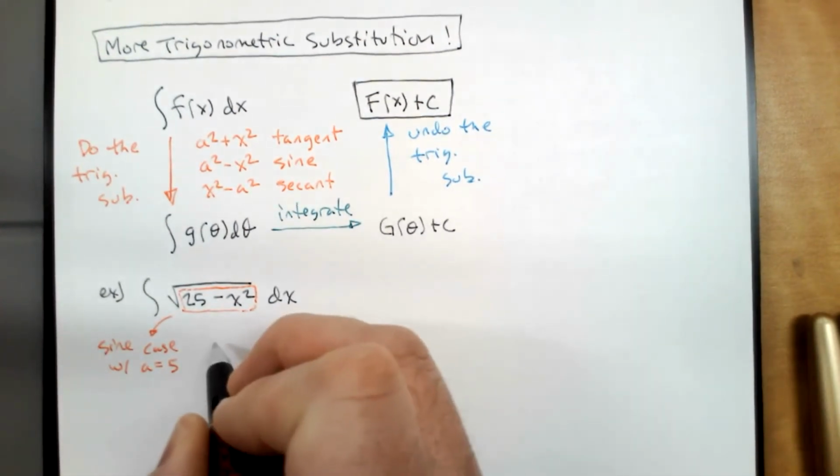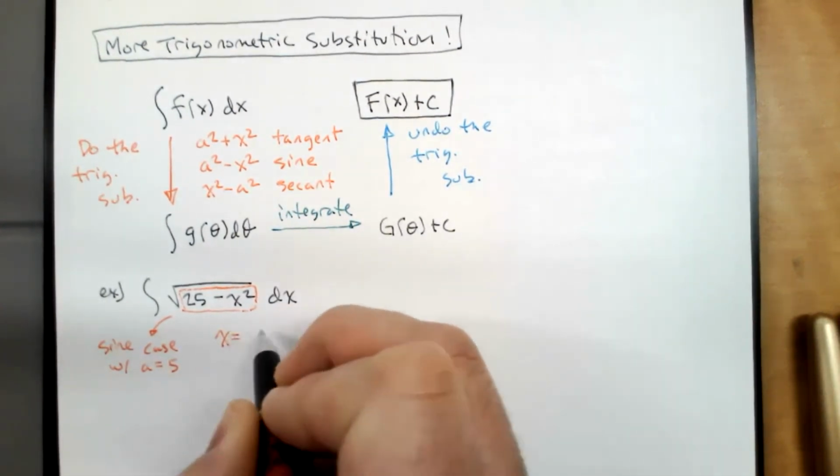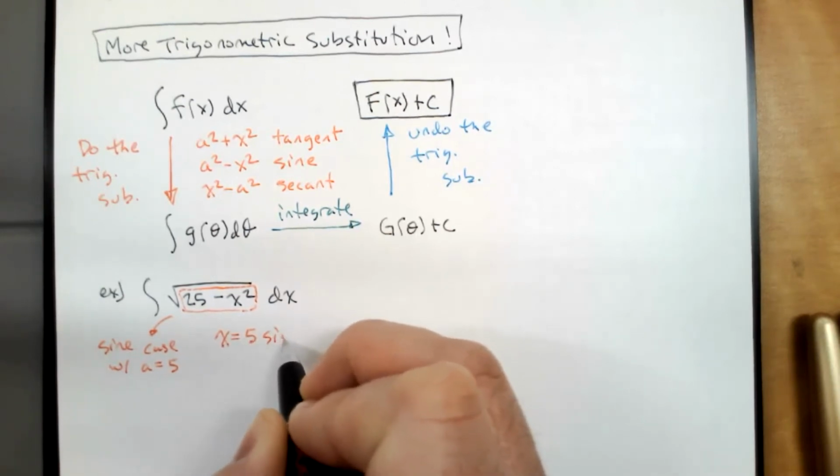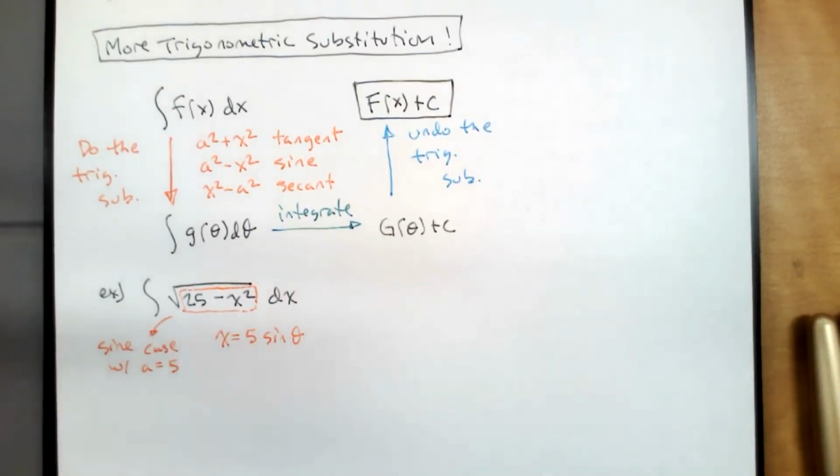So that makes our substitution x equals 5 sine theta. That's going to replace the x in 25 minus x squared.